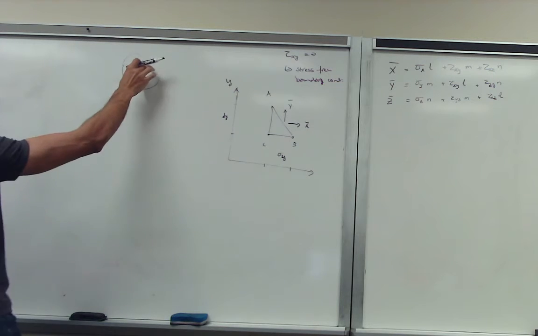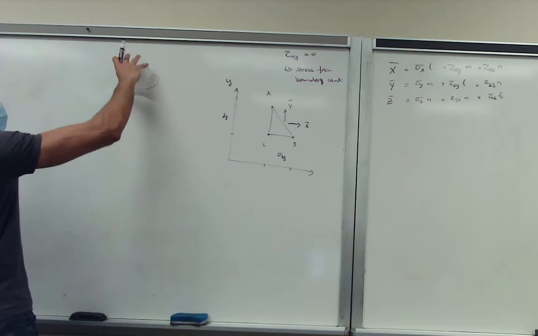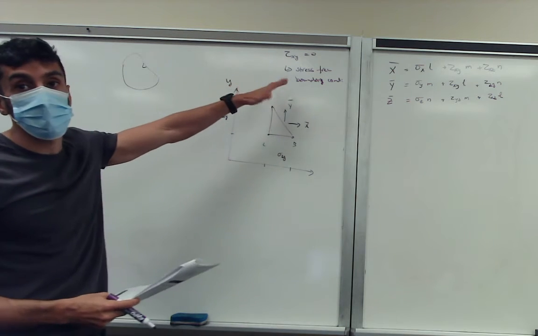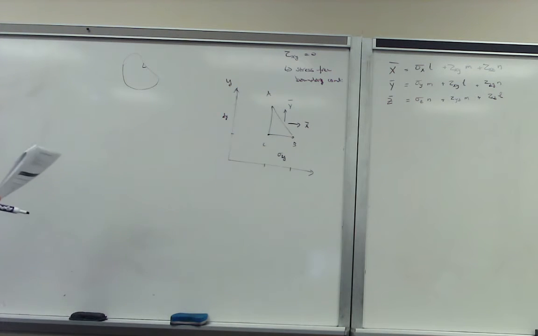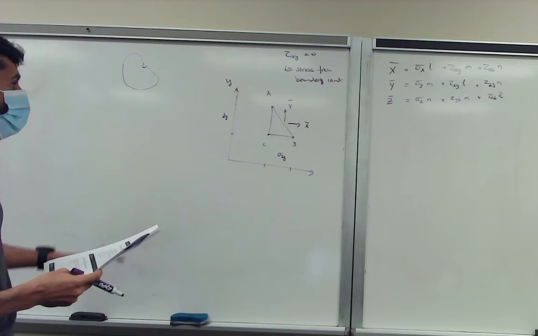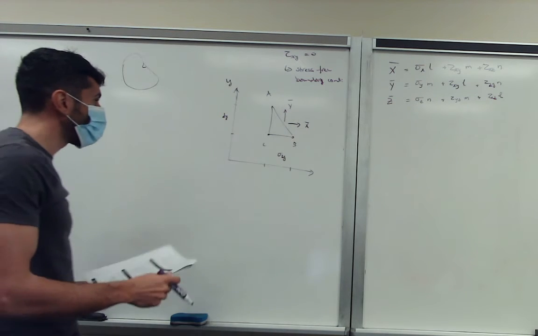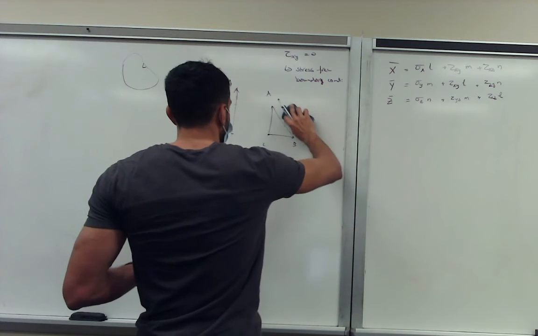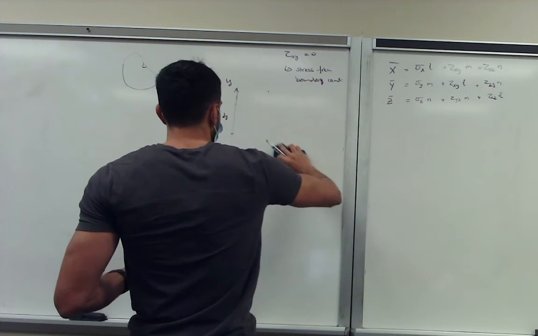So if you now shift or rotate this element, then the stress-free boundary condition still must be upheld. So that means, in order to maintain that stress-free boundary condition, let's redraw this.